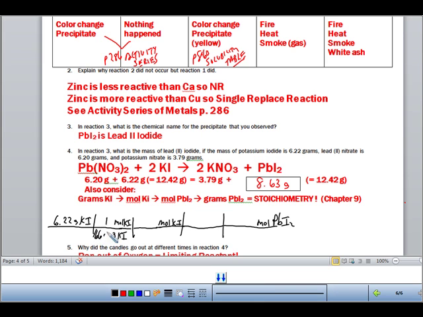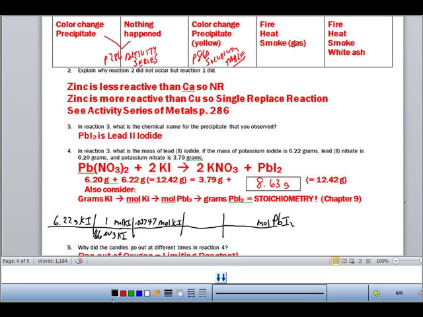Isn't it 166.00? Yes? And so that gives us how many moles? We want to go 6.22 divided by 166.00, and that gives us 0.03747. And I'm going to extra significant figures because I don't want to round at each step.